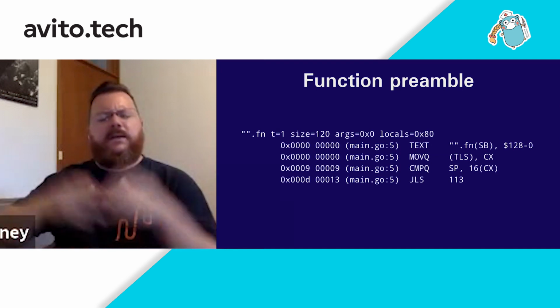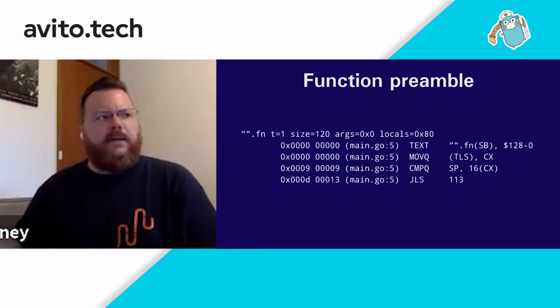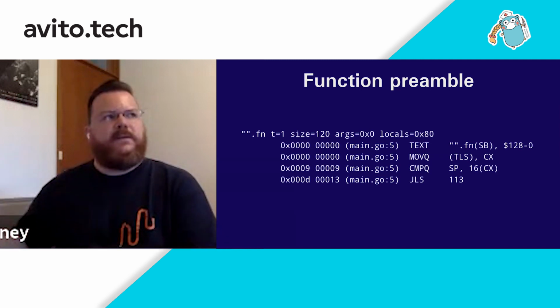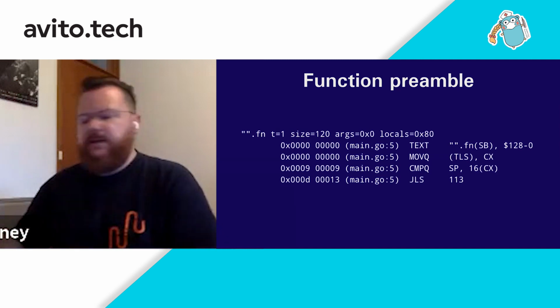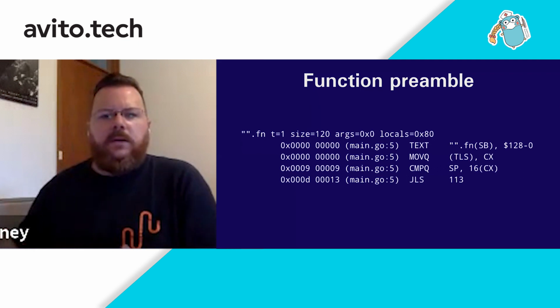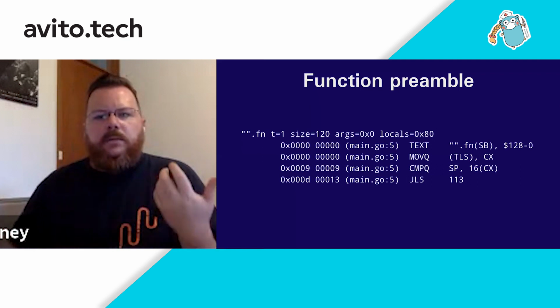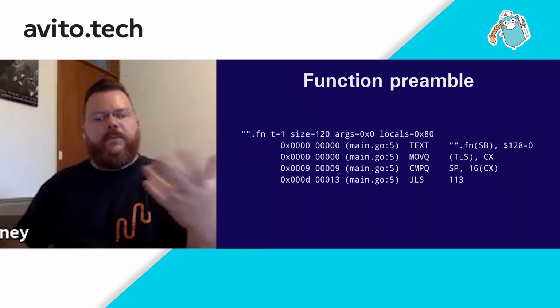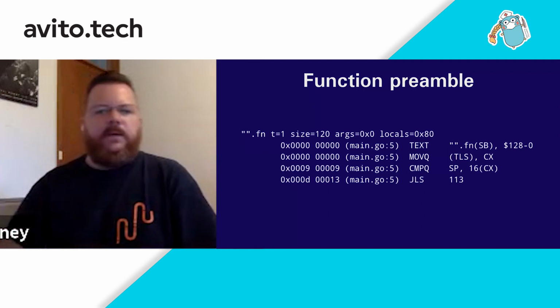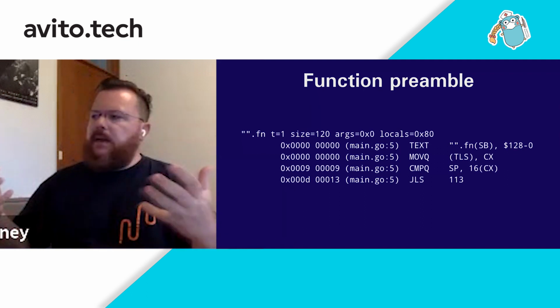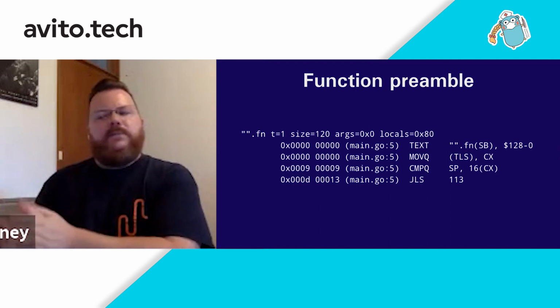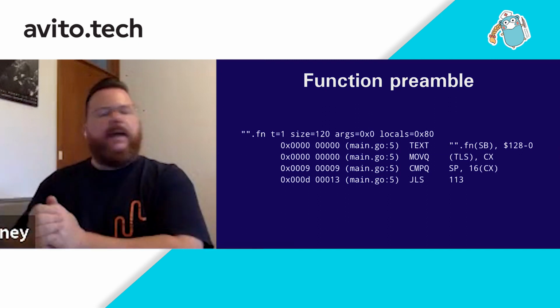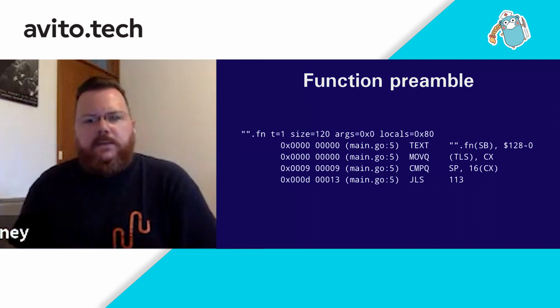Generally, once the Go routine has warmed up, like it has grown its stack enough, this check always passes. And so it's easily predictable by the CPU. It's fairly cheap. But there's a difference between being cheap and being free. Even this small check comes at a size of the program and comes with some execution overhead.